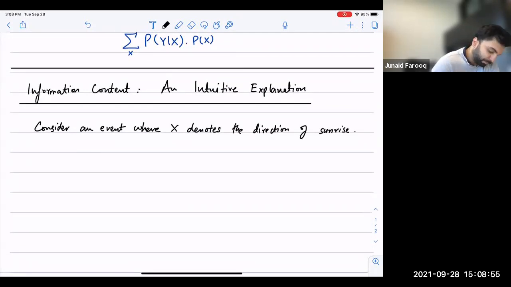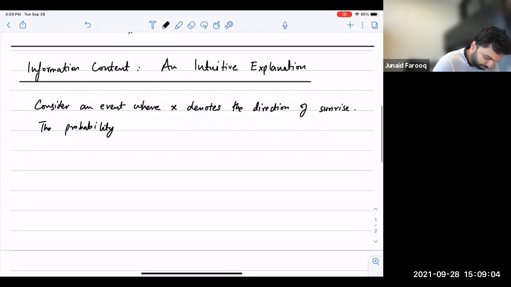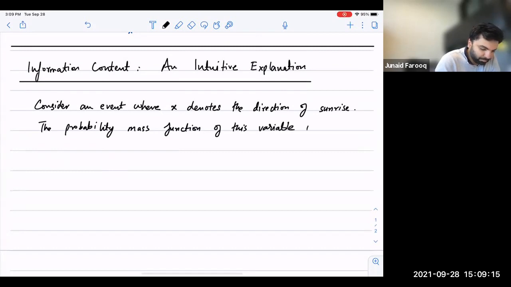The probability mass function of this variable is as follows.